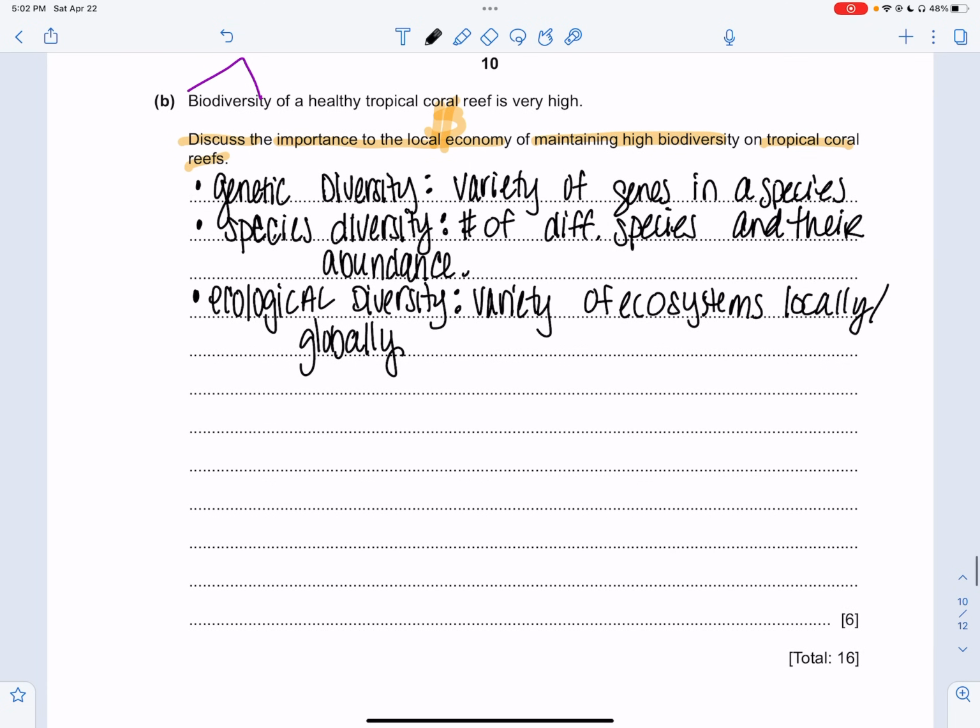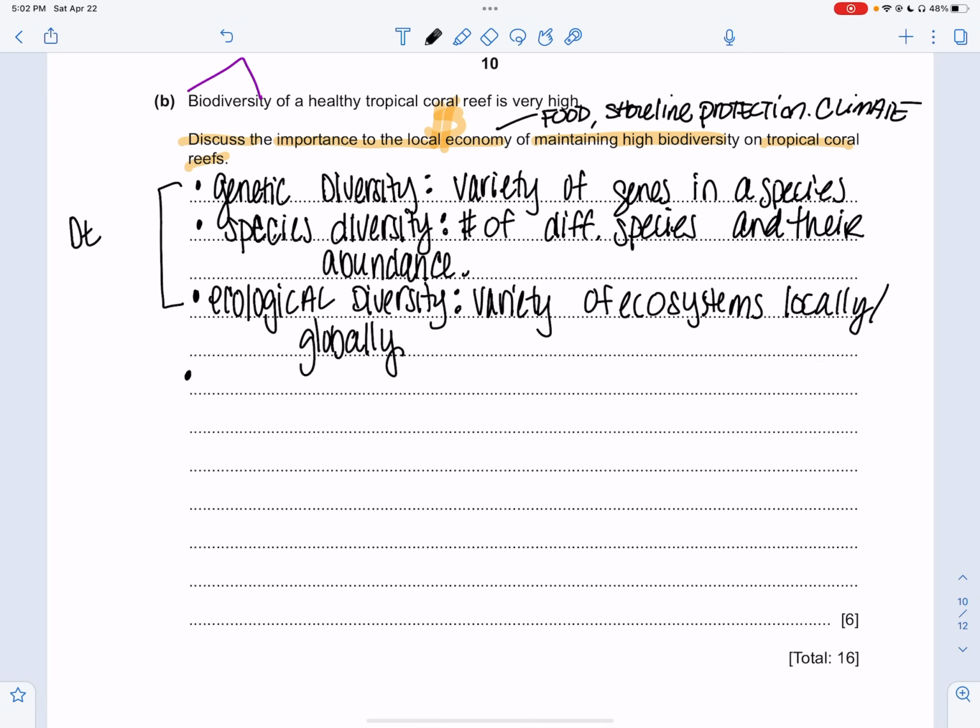So talking about local economy, things that they give for us, we got food. Of course, we have shoreline protection from erosion and also climate control. These are the definitions.